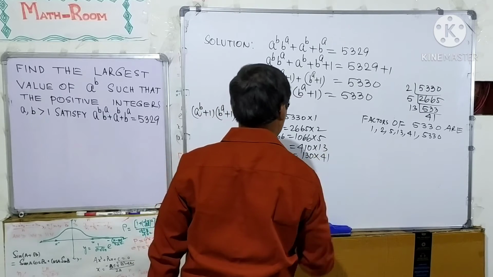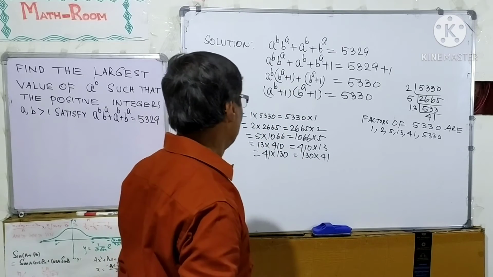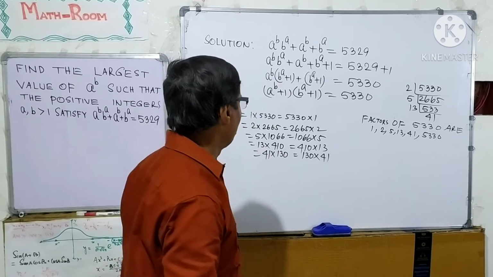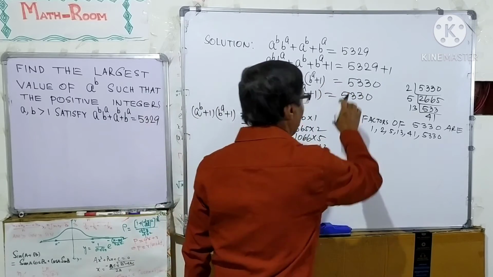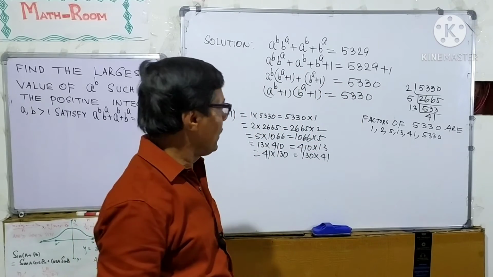There are 10 ways to write the right hand side as the product of its two factors.